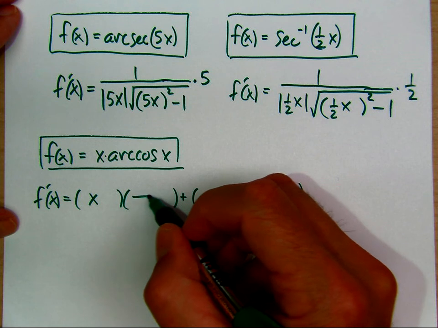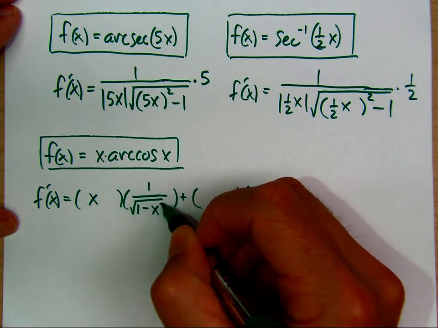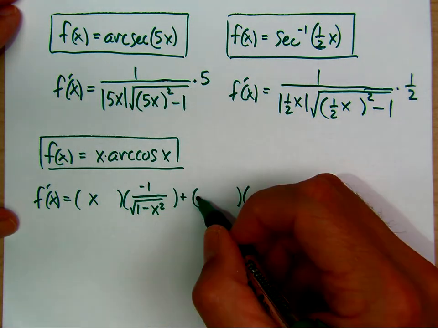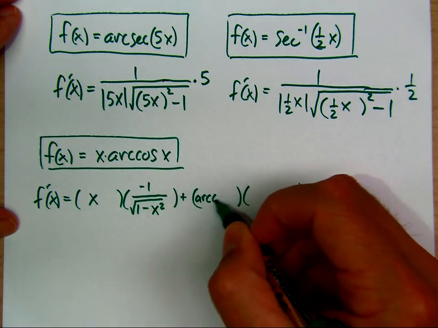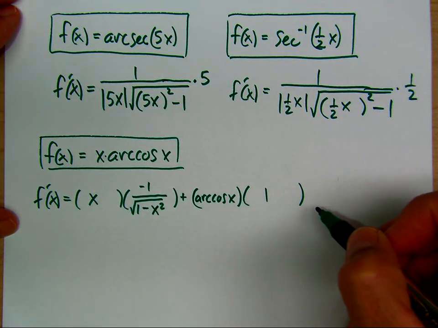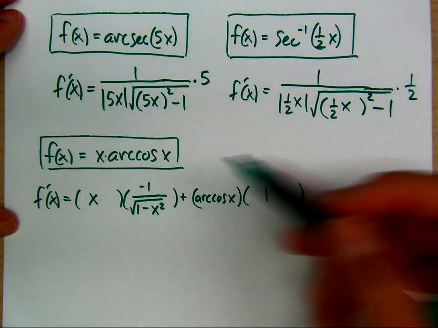Arc cosine is the same as arcsine, 1 over the square root of 1 minus x squared, but we make it negative. And then we have the second times the derivative of the first. So there's not much to simplify. We could just put the x up there and move the radical.